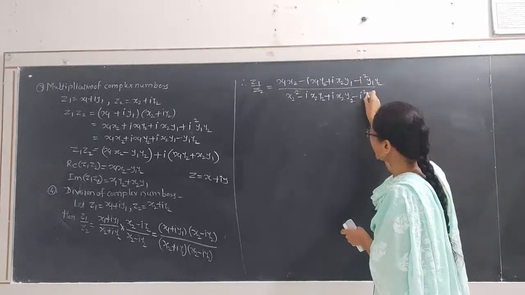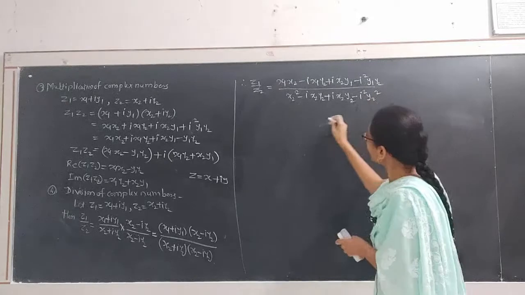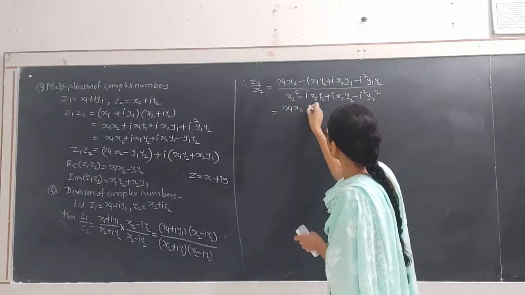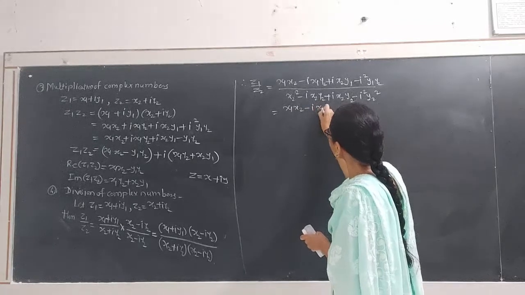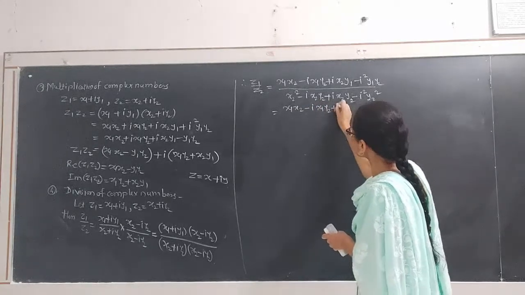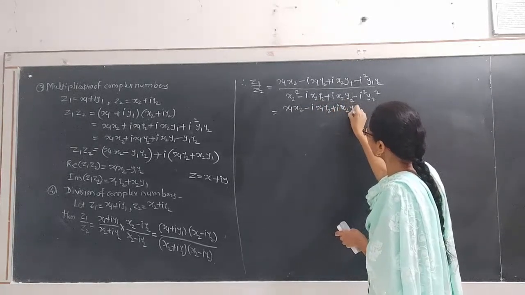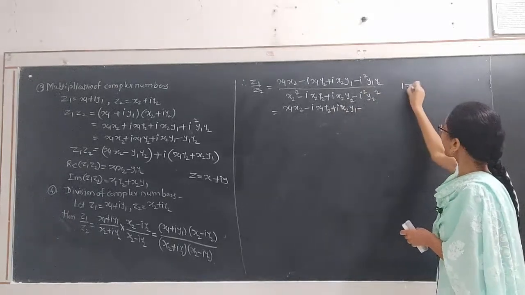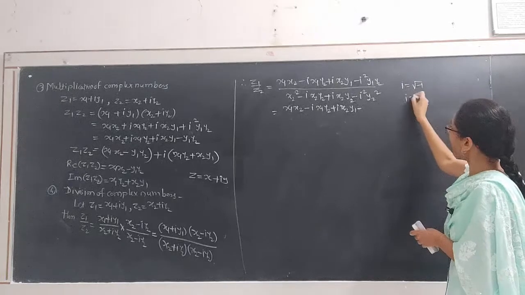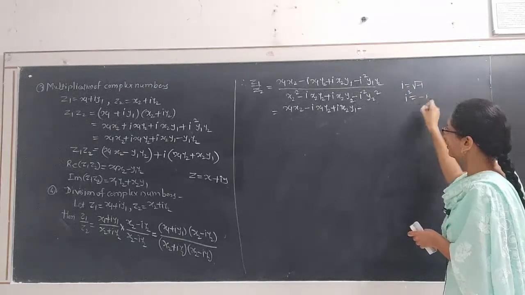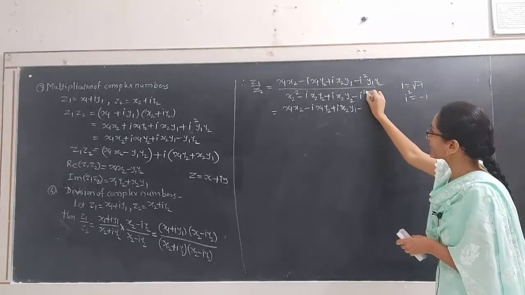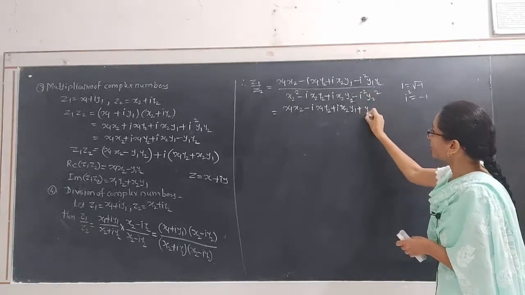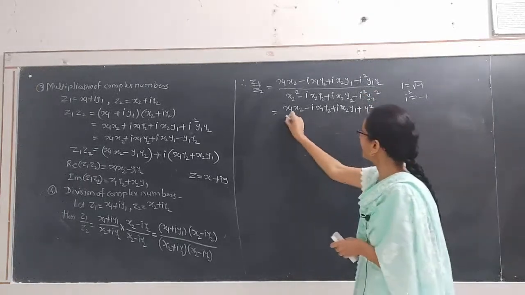Minus i square y2 square, which is equal to x1 x2 minus i into x1 y2 plus i into x2 y1. I square value is minus 1. As i is equal to root of minus 1, i square is equal to minus 1. Minus into minus will be plus 1 into y2 square.